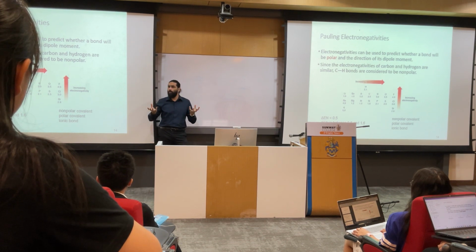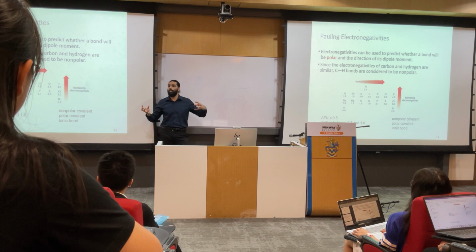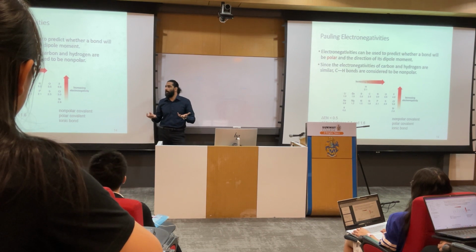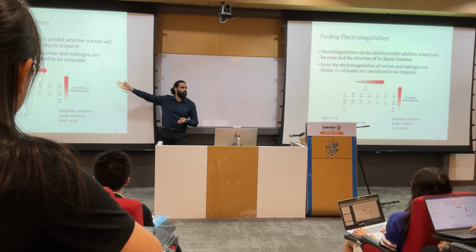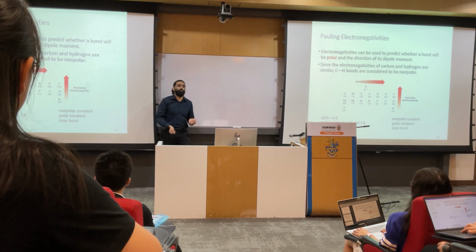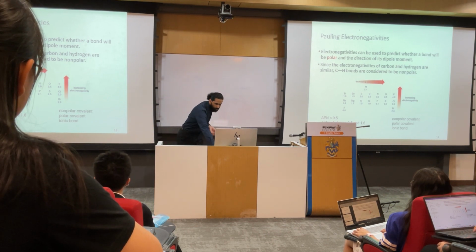Why? Because they have clear differences in the electronegativities of the elements which have made these bonds. But carbon and hydrogen, this is the most common bond that you will encounter in organic compounds. There is not much difference in electronegativity, so this is a good example of a covalent bond.